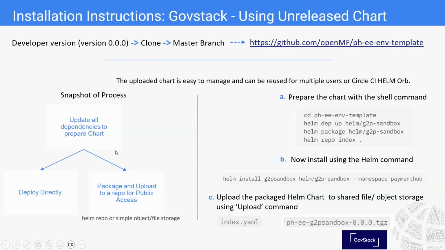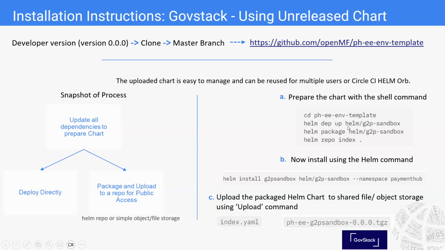And then you have to update all the dependencies to prepare the chart. As I was talking about the dependencies previously, because this is an unreleased version and you want to customize it as per your requirements, you would have to update all the dependencies to match the requirements at your system's end. Once you have done that, you again have two options. You could deploy it directly, or you could package it and upload it to a repo for public access. It depends upon your requirement.